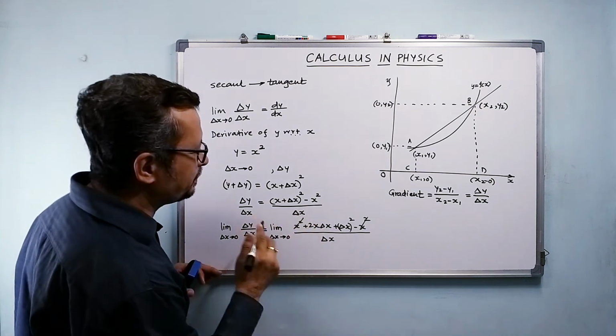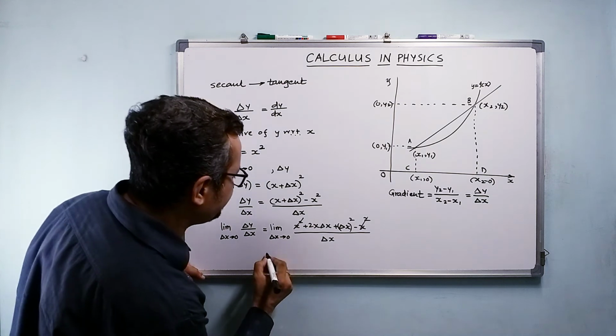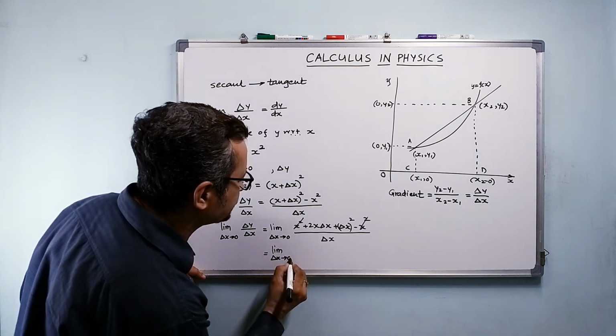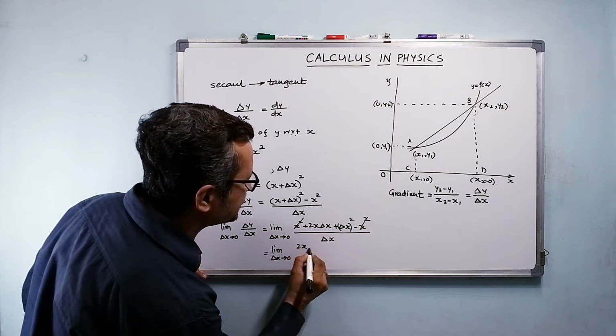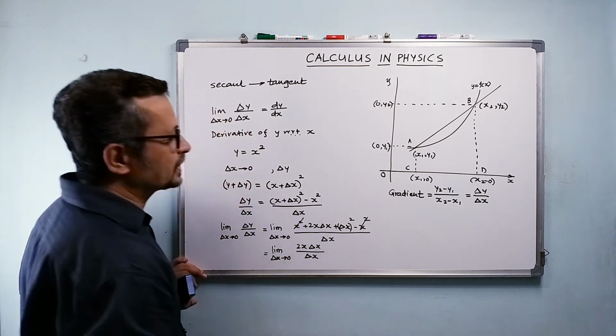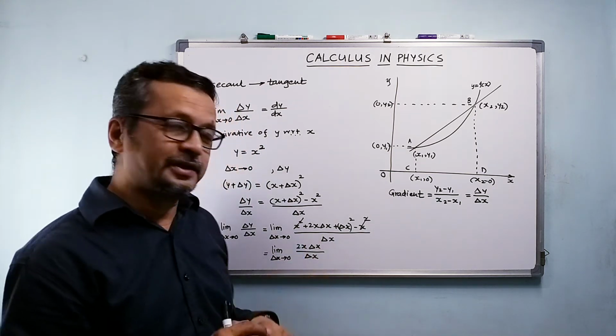But I am keeping this 2x delta x as it is. So what I am left with here is the limit as delta x tends to 0 of 2x delta x upon delta x. Correct? Can I cancel this delta x in the numerator and denominator?